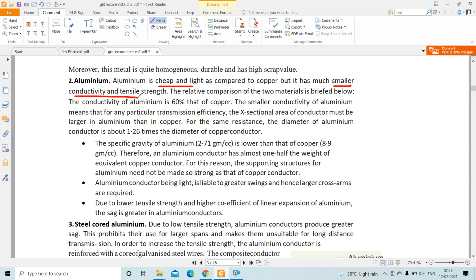So for the same resistance, the diameter of the aluminium conductor is about 1.26 times the diameter of copper.